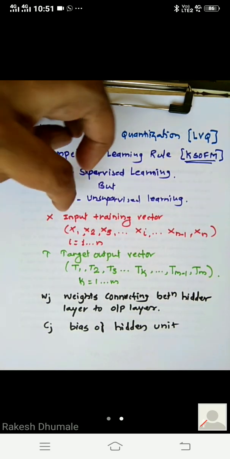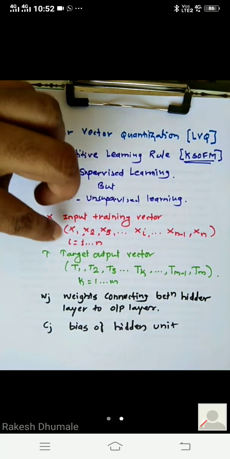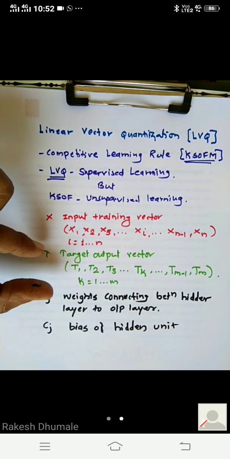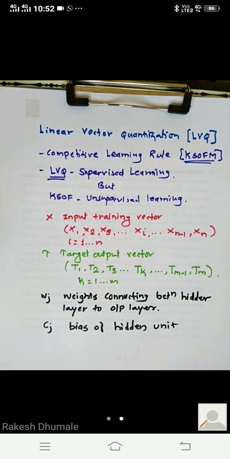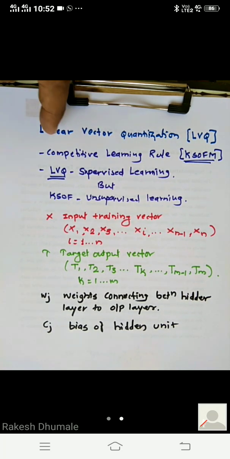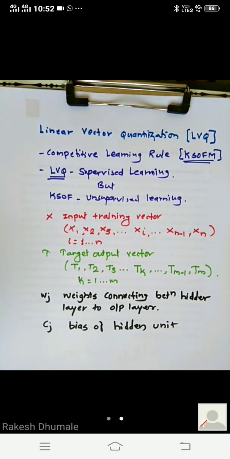First, X is the input training vector. Then the target output vector, where the input varies from 1 to n and the target output varies from 1 to m. These are the classes, because this LVQ will classify the input training vector into classes. This is supervised learning, and it is based on the competitive learning rule. Wj are the weights, and Cj is the bias.